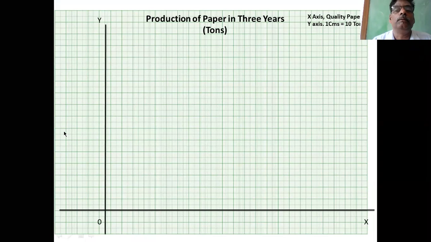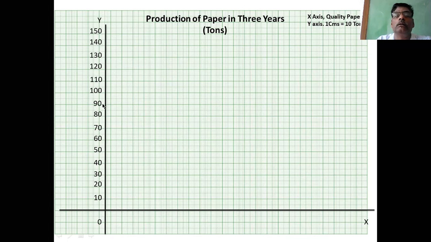I'll take the multiple of 10. 10, 20, 30, 40, 50, 60, 70, 80, 90, 100, 110, 120, 130, 140, 150. 150 maximum taken because 145 is the highest value. Therefore, I have taken up to 150. Okay, you have to remember this.